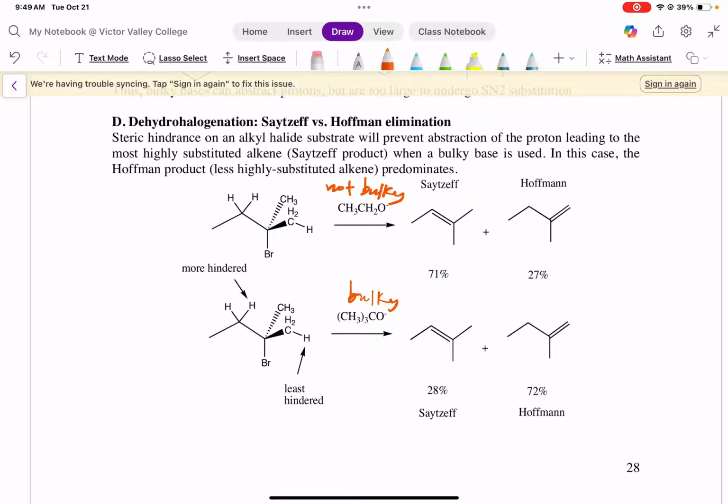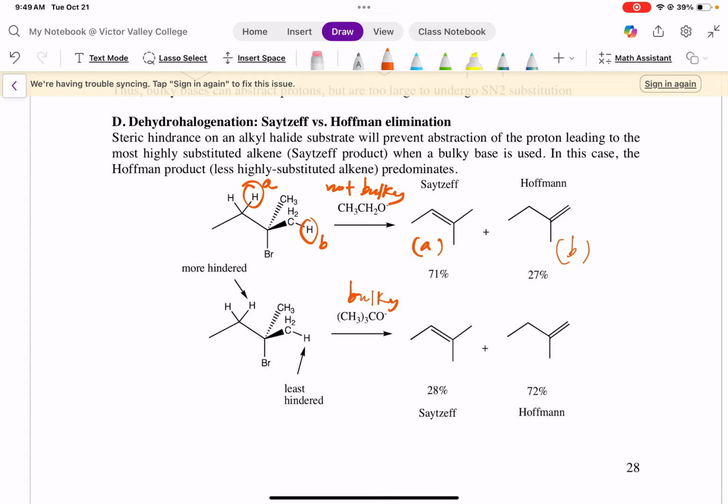It can grab this hydrogen or that hydrogen, and the A hydrogen is better, giving a more stable product. So Zaitsev said, okay, that's the more stable product, the major product, 71%. And B, the less stable product.